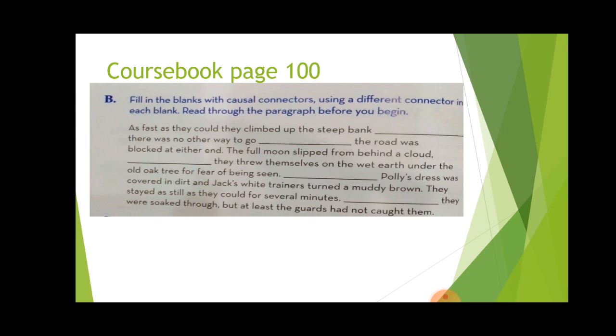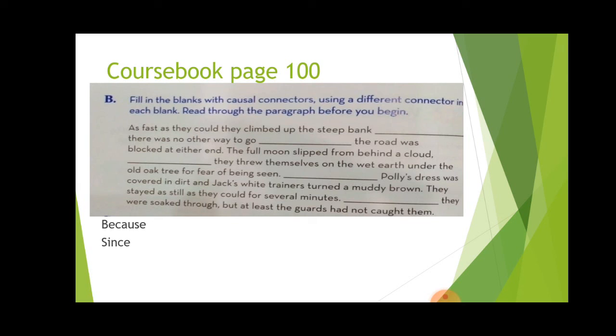So here, as fast as they could, they climbed up the steep bank. Dash, there was no other way to go. Dash, the road was blocked at either end. So, they climbed up the steep bank because there was no other way to go since the road was blocked at either end. So, in the first blank the connector is because, and in the second blank, since.